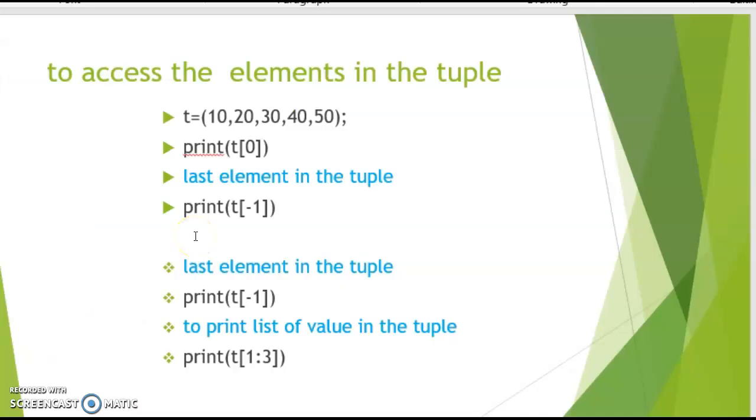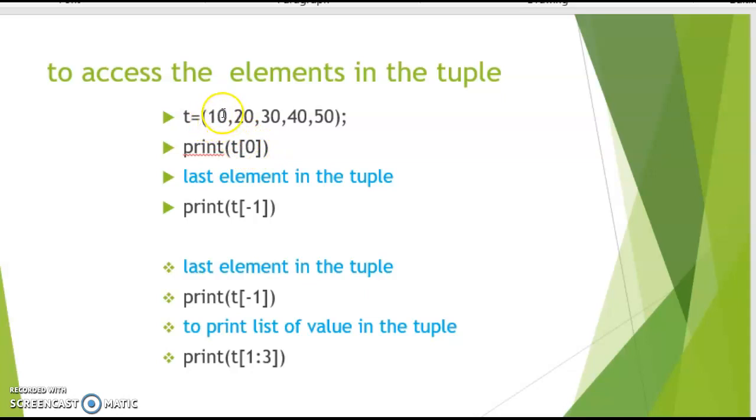I have declared the tuple t = 10, 20, 30, 40 and 50. Now I am going to access these tuple elements, for example print the first element. Here it follows indexing. It starts from index 0 to n minus 1. So to access my first element, t[0].